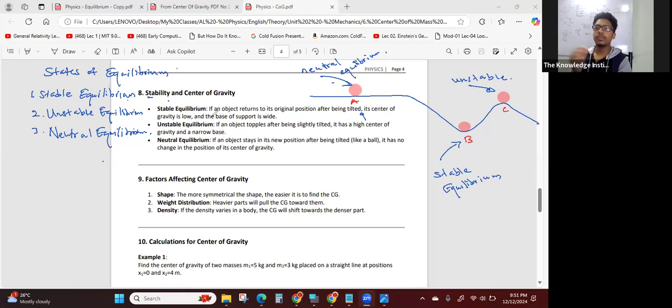And neutral equilibrium means if you tilt the object or give a small displacement, it will neither come back to the original place nor accelerate. It remains in equilibrium in the new position. So that is neutral equilibrium.